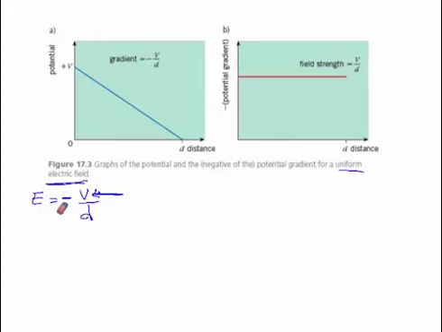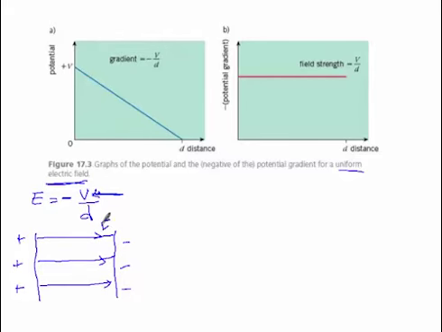From where is this minus sign coming? Now, if we have here again a positive charged plate and a negative charged plate, we have electric field from positive to the negative.